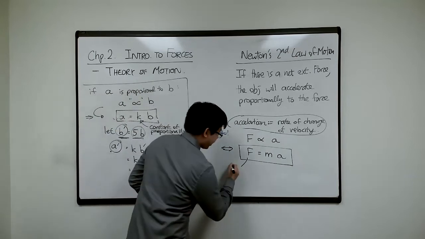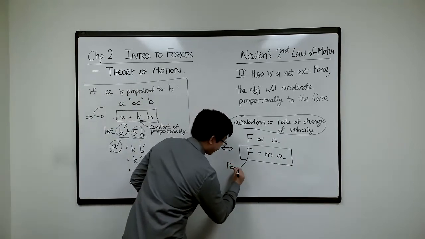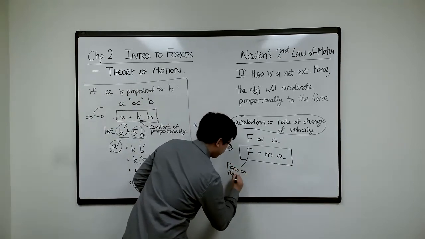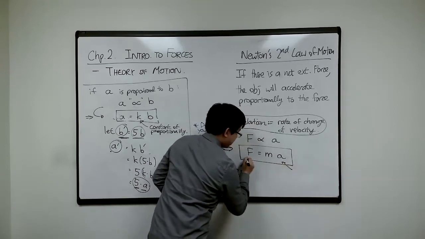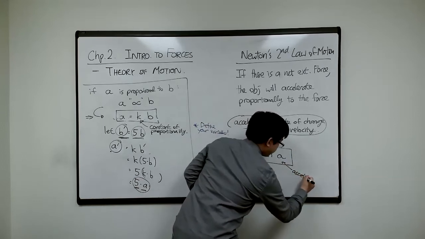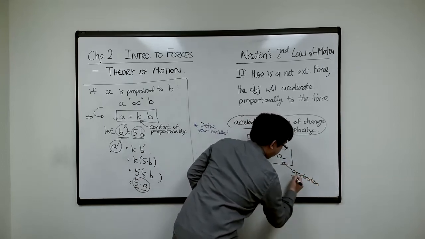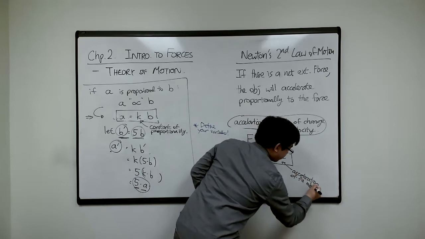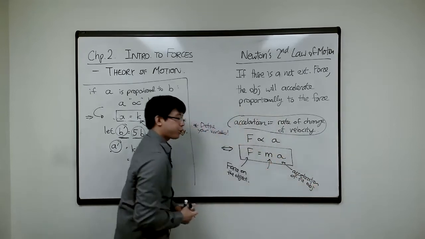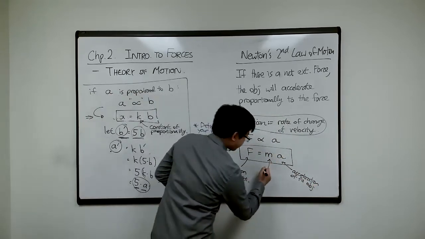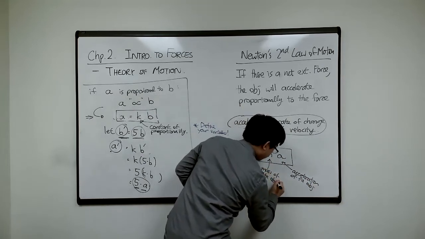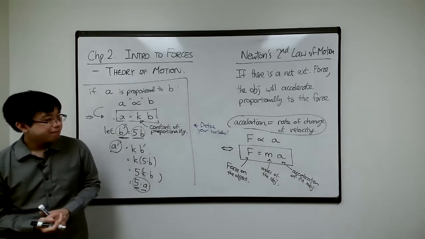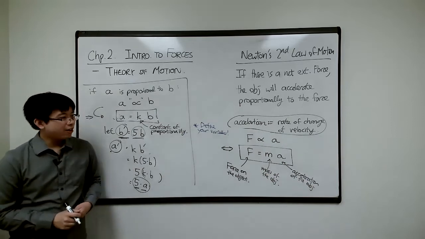So in an exam, you'll write: this is the force on the object, this will be the acceleration of the object, and this constant of proportionality is what we call mass. Okay, so that's Newton's second law.